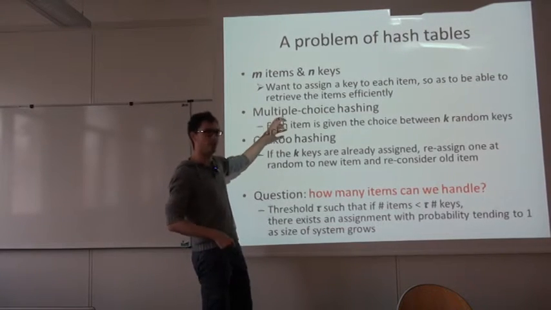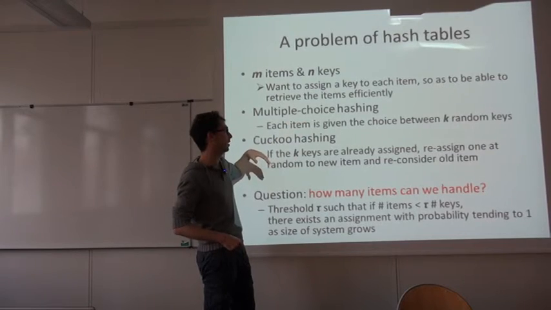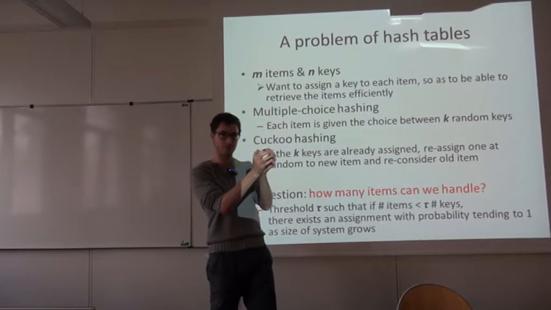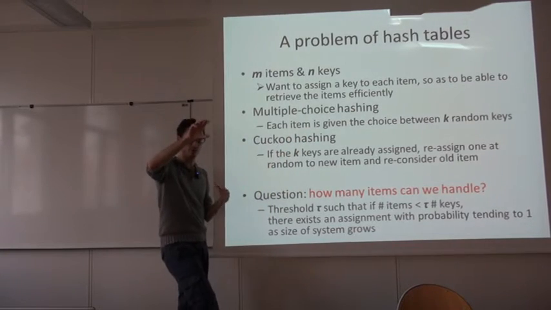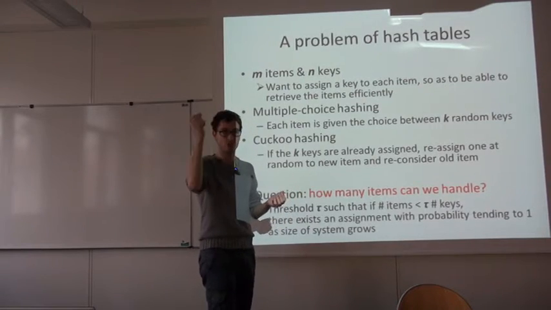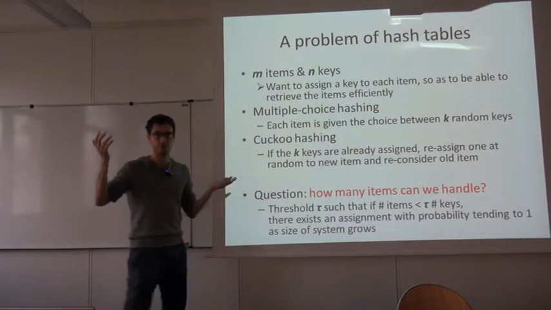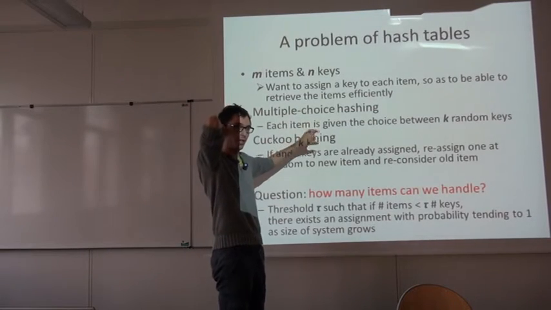There's a family of hashing techniques called multiple hashing, where you just decide that a given item can be associated to any key among a given set. And then when you want to retrieve the item, you just need to check all those keys. So you have deterministically a constant time for retrieving an item.